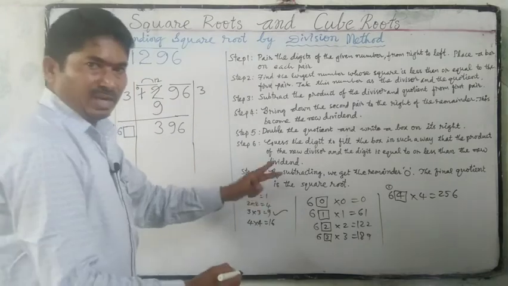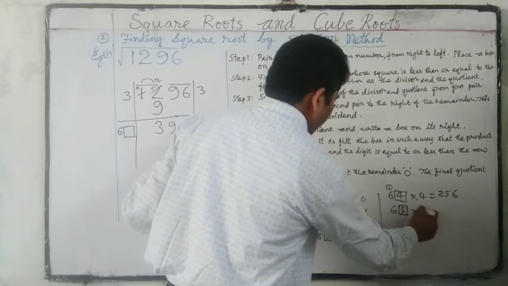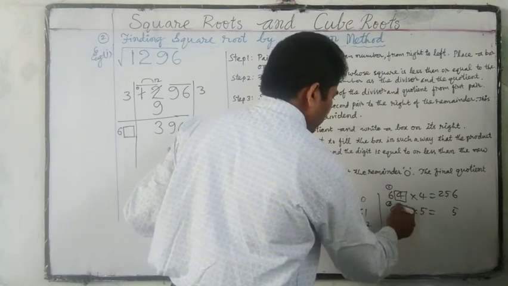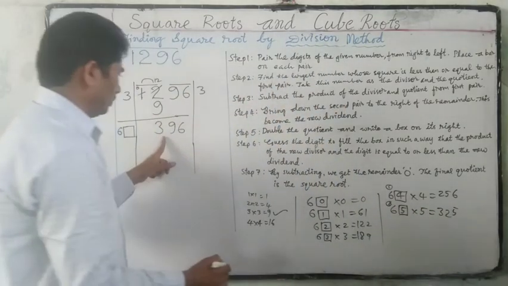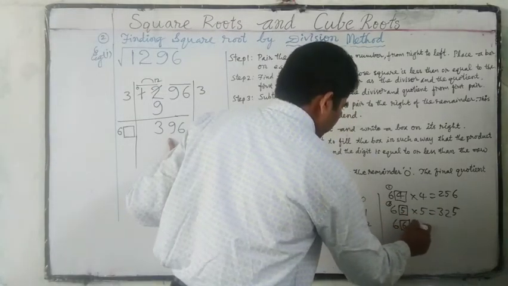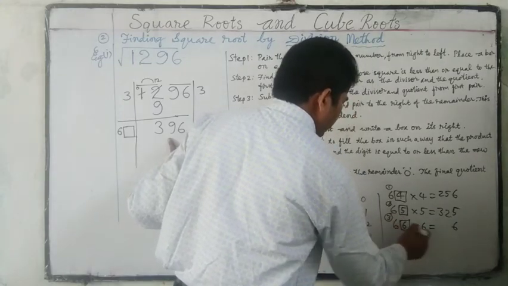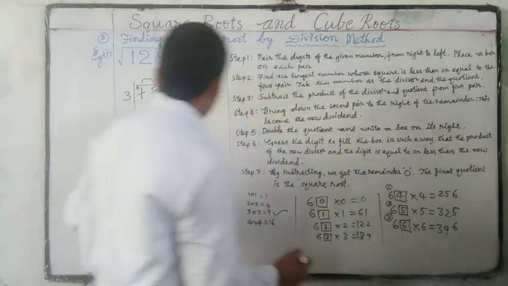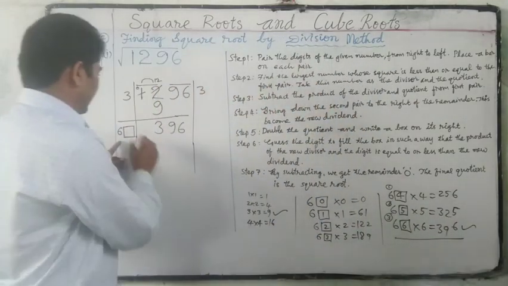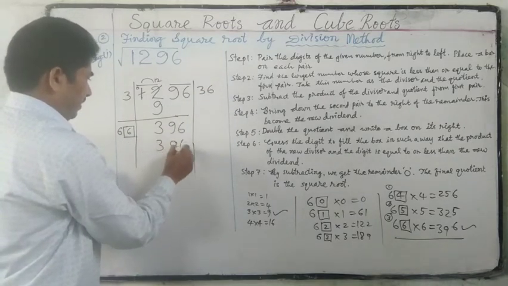These all are less. 65 fives are 325. 66 sixes are 396. So less than or equal; this is equal. So we have to take 66, 66 sixes are 396.